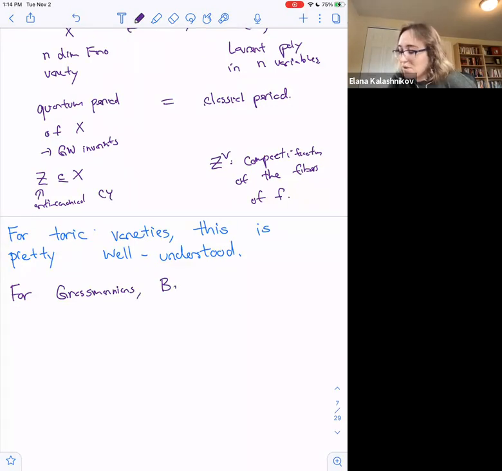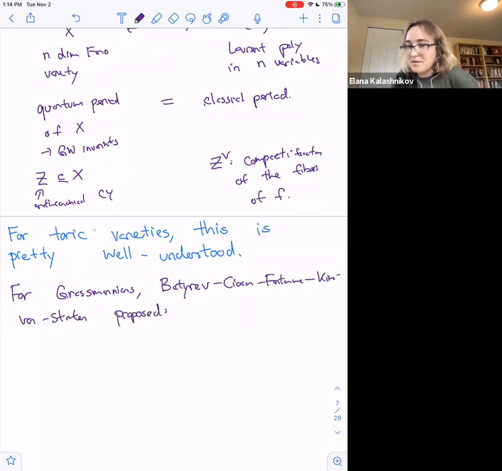So one of the first proposals was due to Batyrev, Ciocan-Fontanine, Kim, and van Straten. And so they proposed the following.